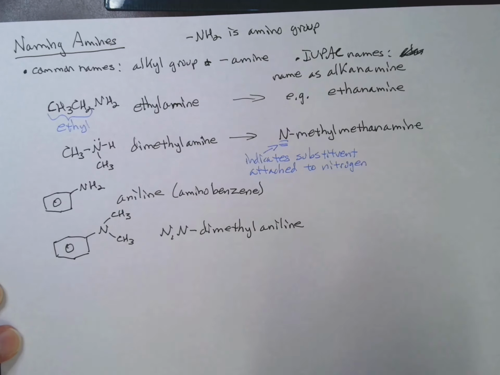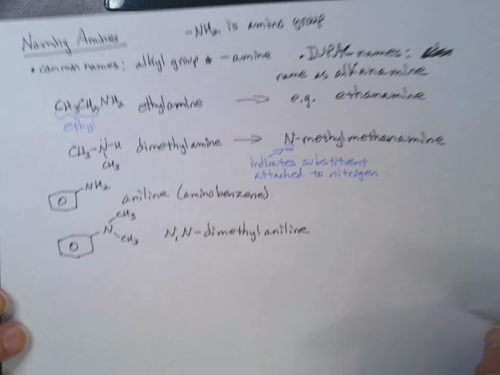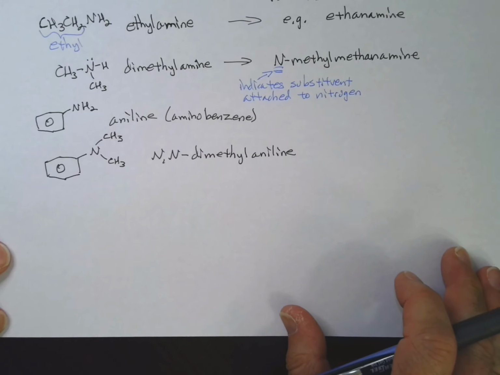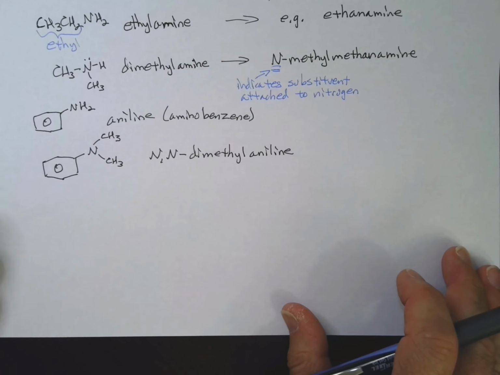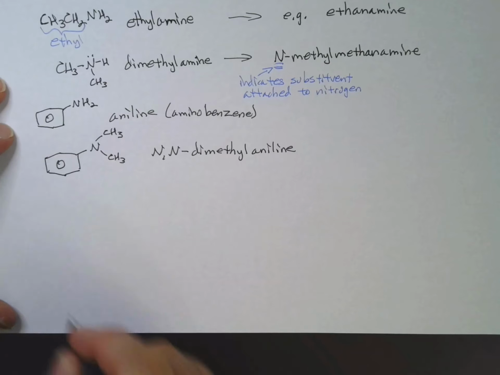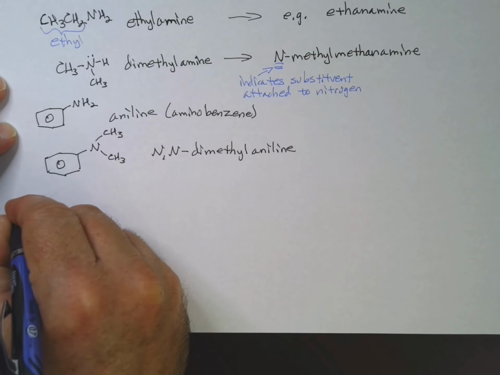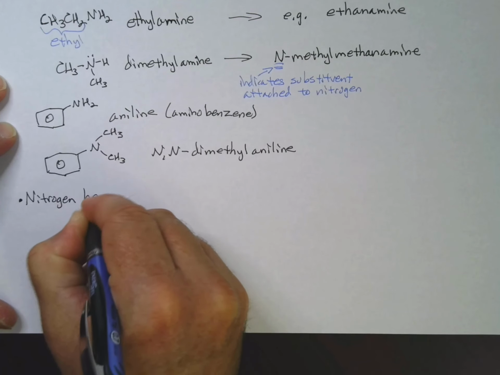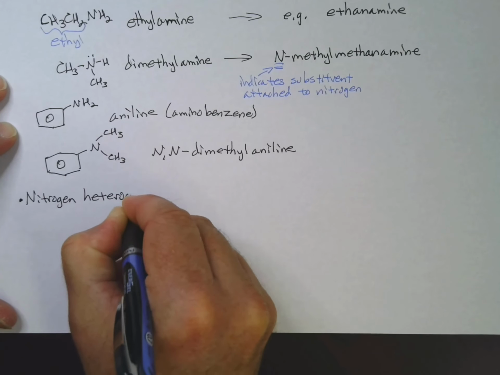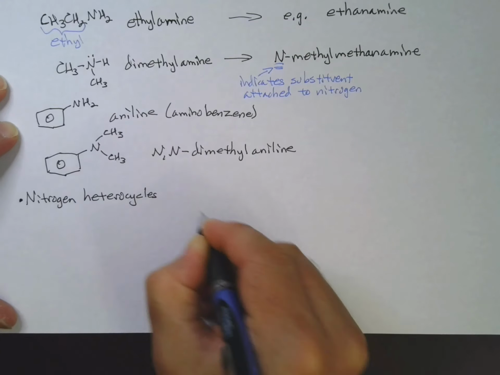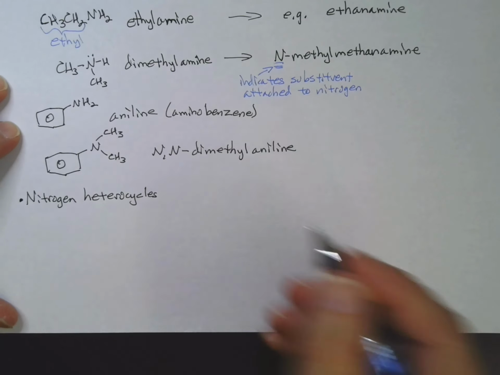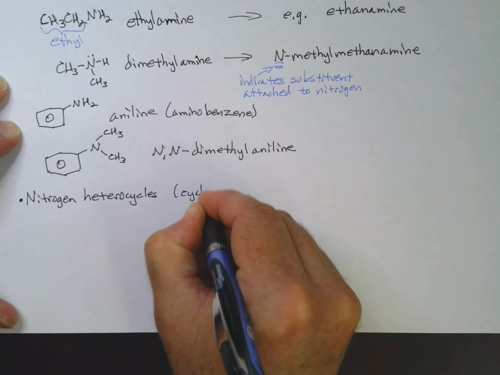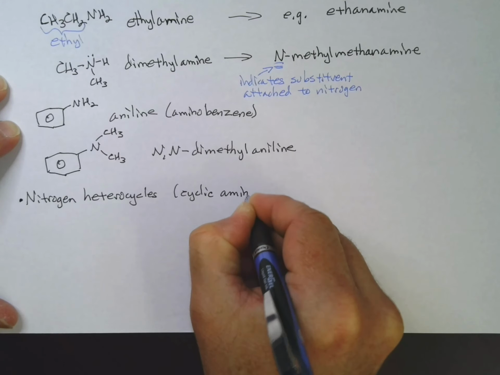All right. I do want to give you guys a little heads up here. Later on in the lecture video, I will mention some nitrogen heterocycles, which are cyclic amines.